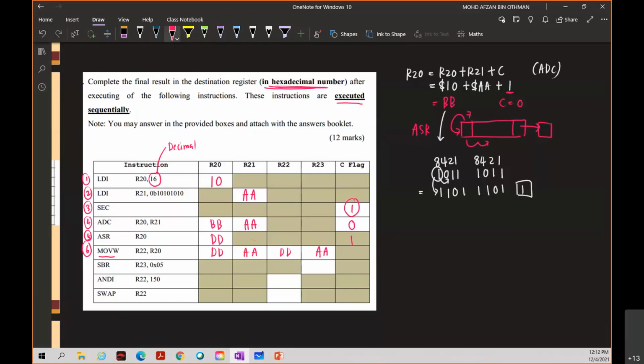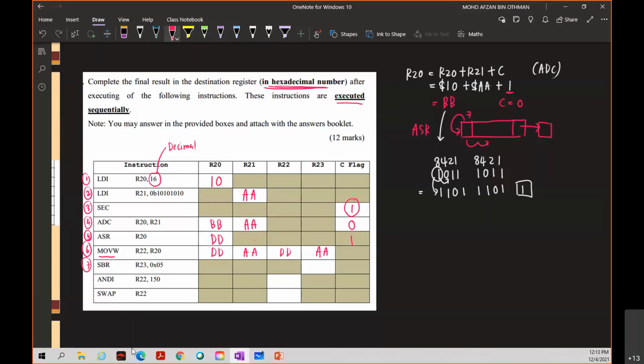And then after that, instruction number 7, SBR R23, 0x5. What does this instruction do? You're going to set bits in your register with this value here.